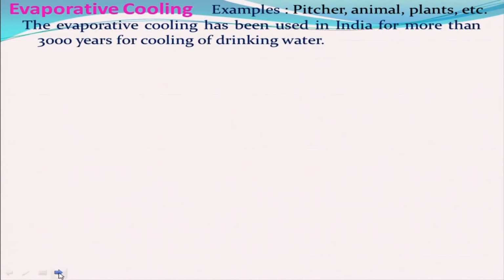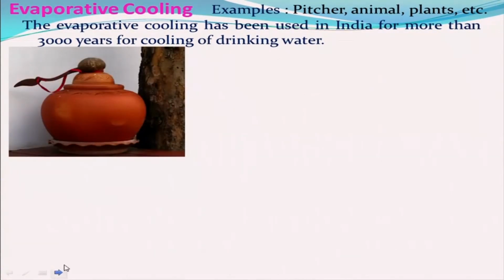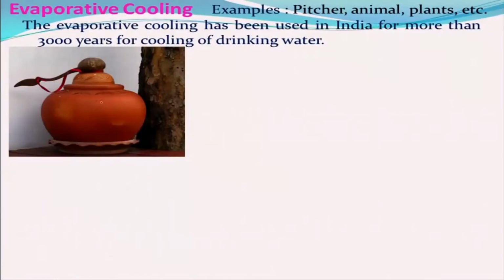The example is the pitcher, right, and pitchers are not being used nowadays, because there are not many people who can really make the pitcher. I am sorry to say this, because that is the state of the art. If you buy a pitcher from the market, it does not have porosity. People have forgotten how to make the porous ones. How does it work? There are very, very tiny pores, and through these pores the water comes out.